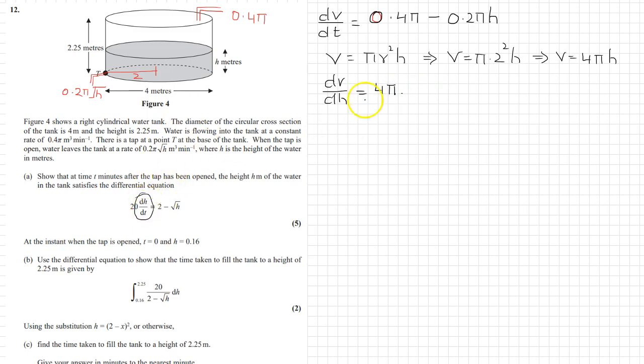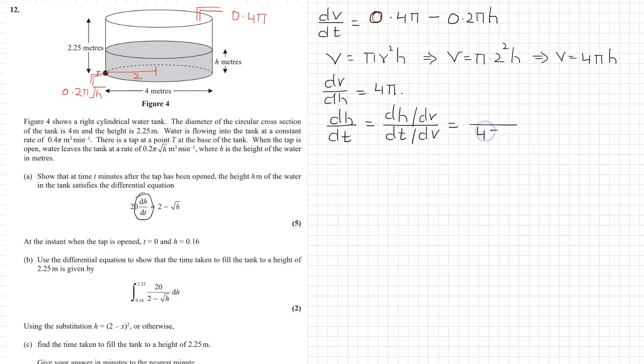Now to get dh over dt, because that is the question, dh is here, so we can write dh over dV divided by dt over dV. dh over dV is 1 over 4 pi.